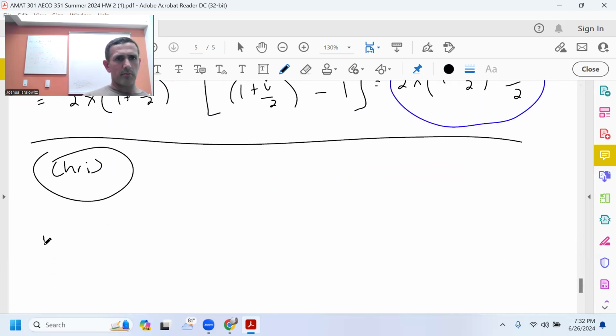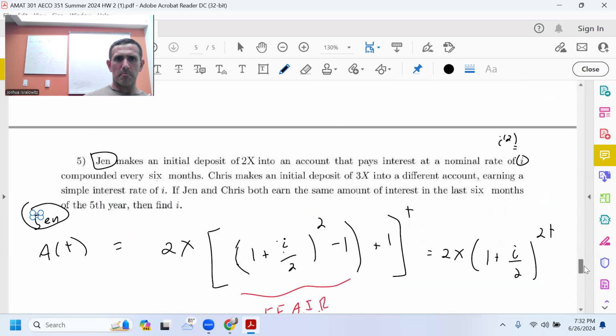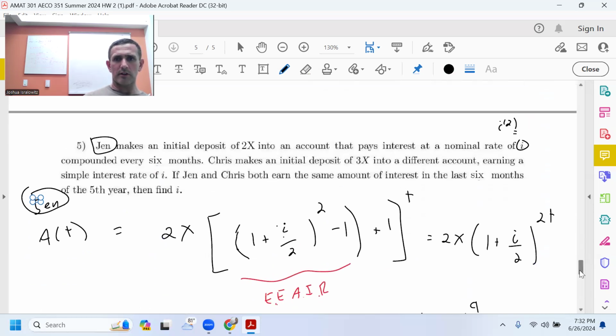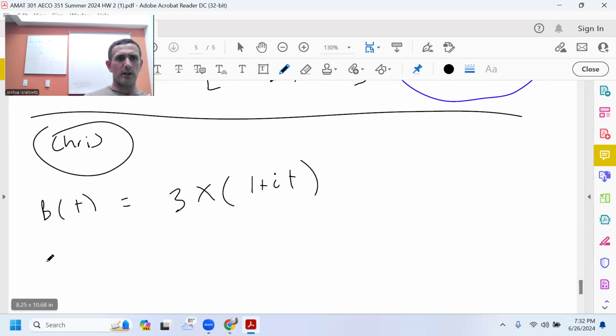Okay, let's say B is the accumulation function for Chris. If I wasn't clear, A is the accumulation function for Jen. So he initially invests 3x, and it's a simple interest rate of I. This is 1 plus it.